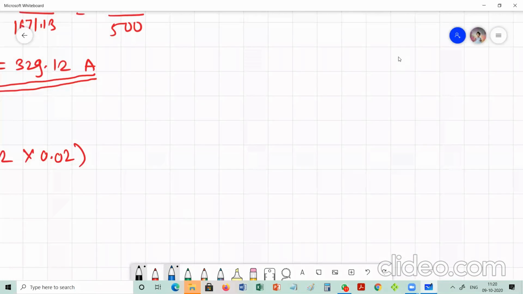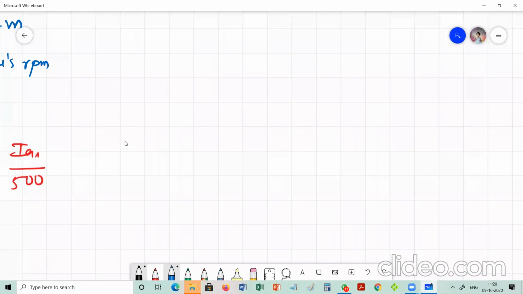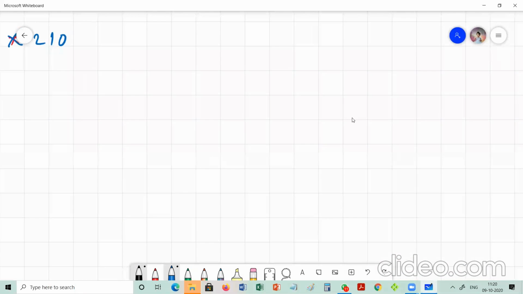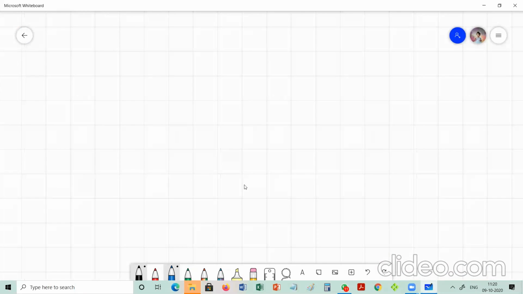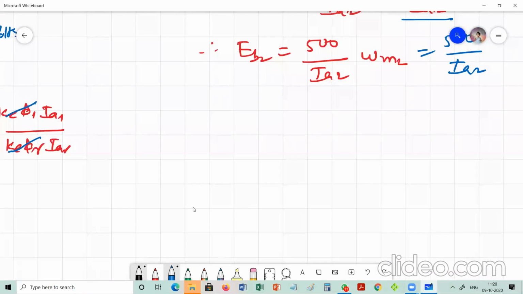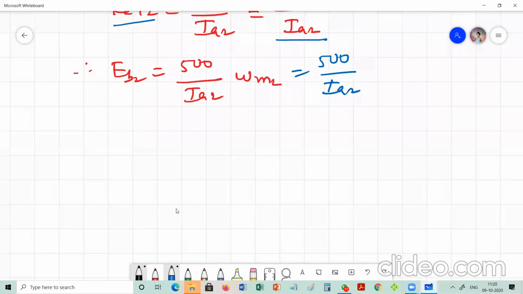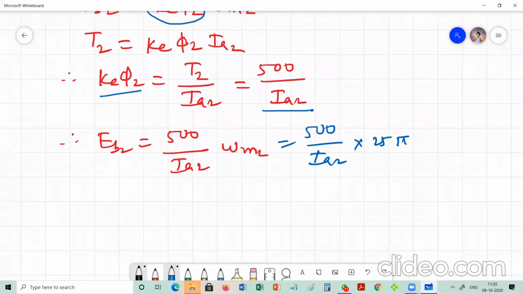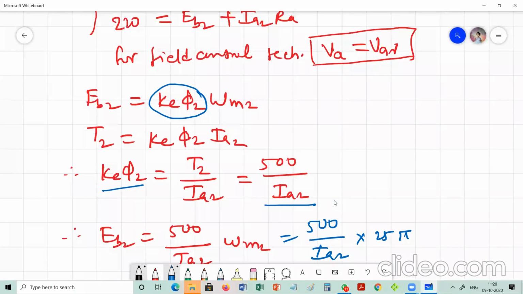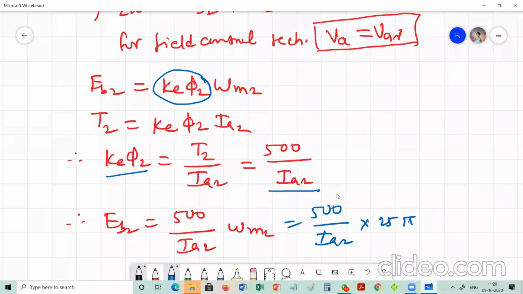This is the value of EB2. Now we can place this value in equation 1.